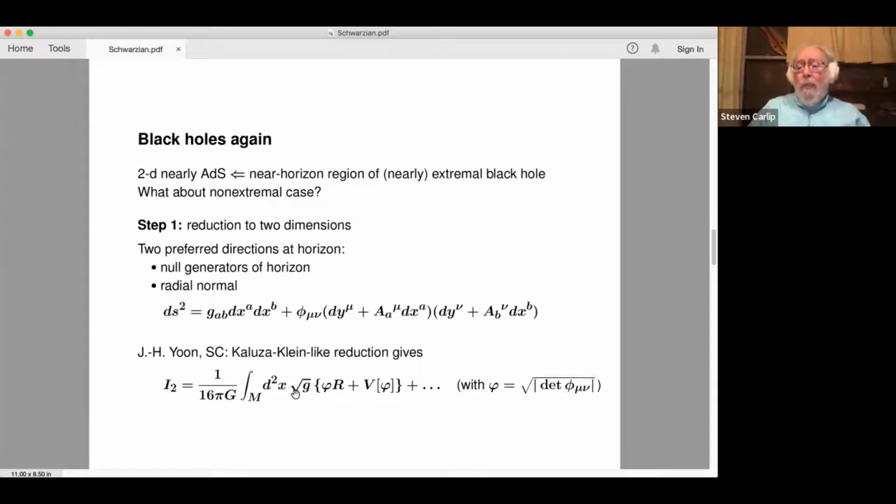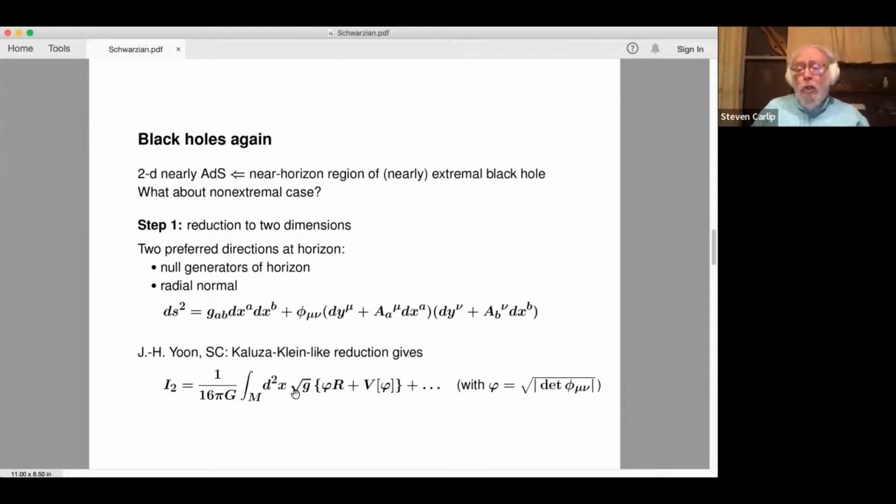Now, in the case that you have nice global symmetries, for example, for the Schwarzschild black hole with spherical symmetry, we now know how to use standard Kaluza-Klein methods to reduce the Einstein-Hilbert action to a two-dimensional action. But there have been a couple of really beautiful papers by Yun showing that you don't actually need the extra symmetry.